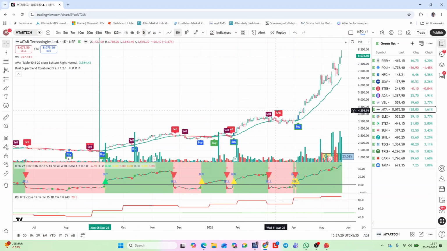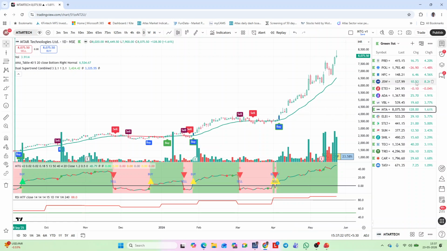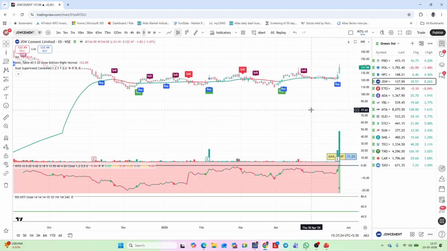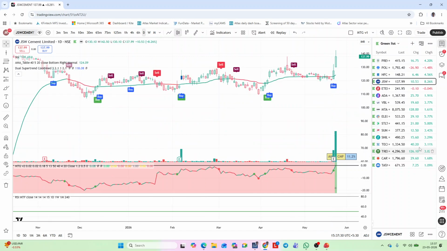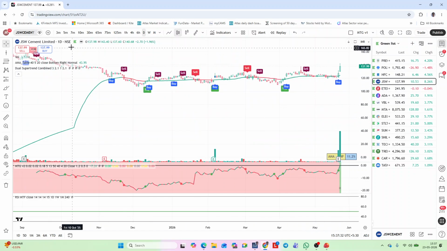And the recent two stocks which I got this week into my scanner: if you see here, this is one of the stocks, JSW Cement, which came in the scanner on 21st of May, and on Friday this stock went almost 8% up.